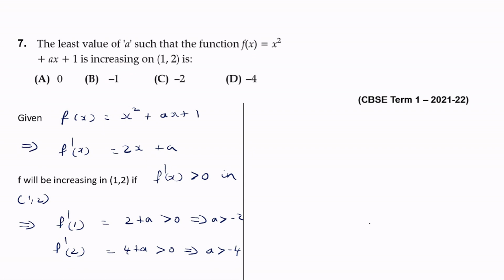So we got a greater than minus 2, a greater than minus 4. So on this number line, if we have minus 4 here, minus 2 here, then a greater than minus 4 is this part, and a greater than minus 2 is this part. So the region which is common to these two is a greater than minus 2. So the least value of a such that this function is increasing on 1, 2 is minus 2. So a is greater than minus 2.